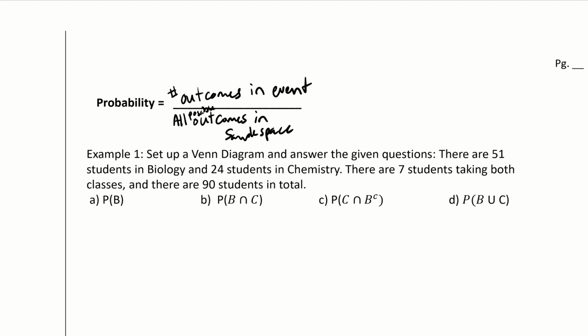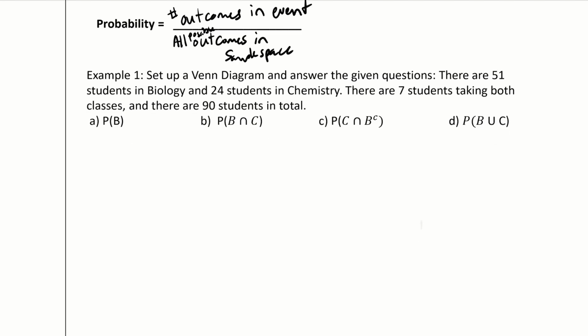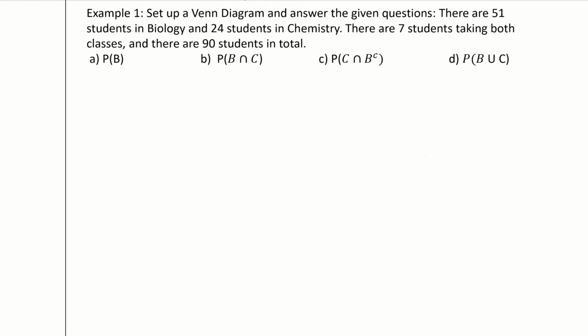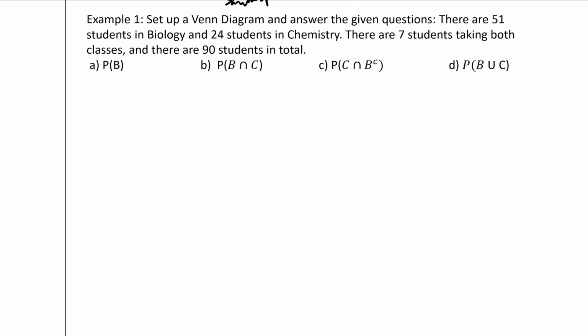So for example 1, we're going to set up a Venn diagram for the given scenario, figure out what to shade, and then calculate the probability. There are 51 students in biology and 24 students in chemistry. There are 7 students taking both classes, and there are 90 students in total.